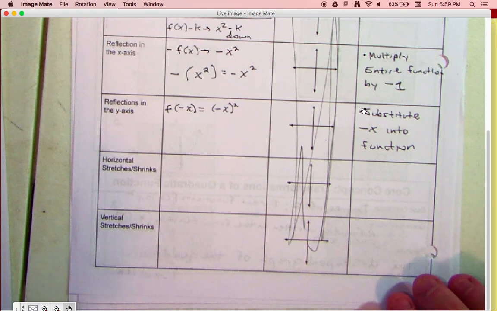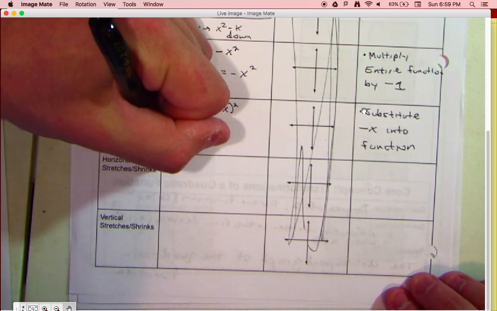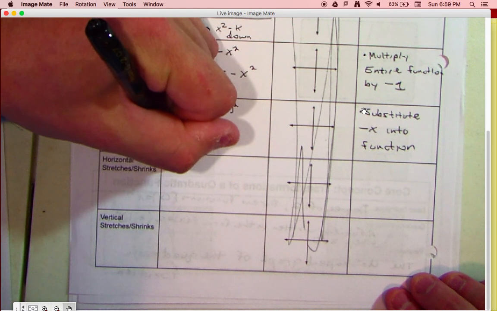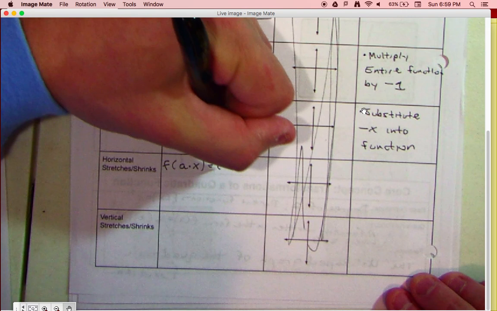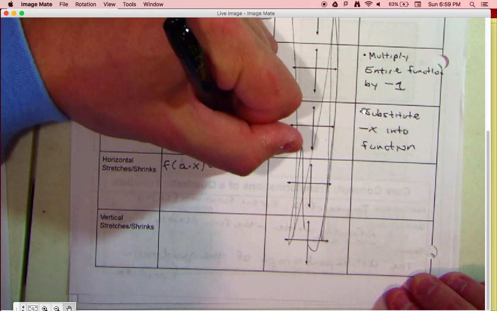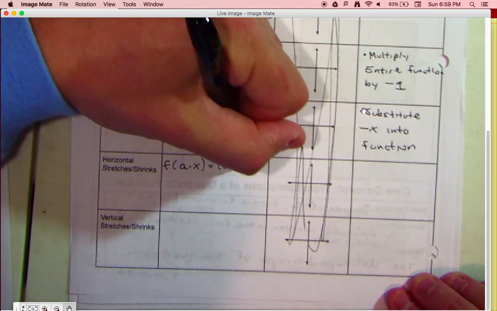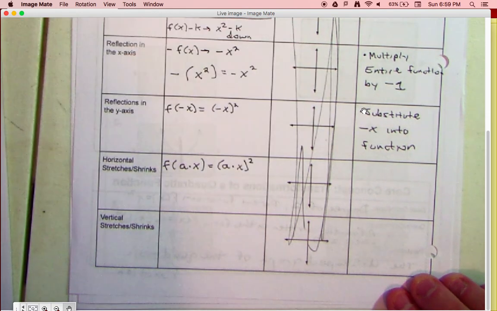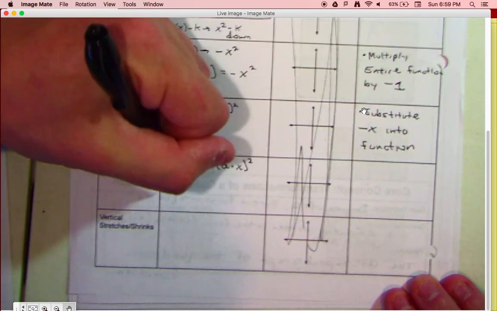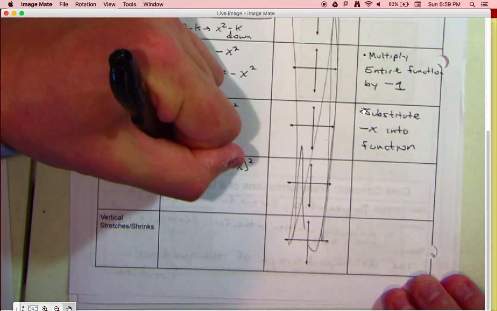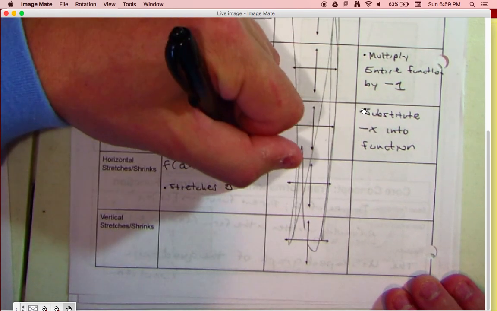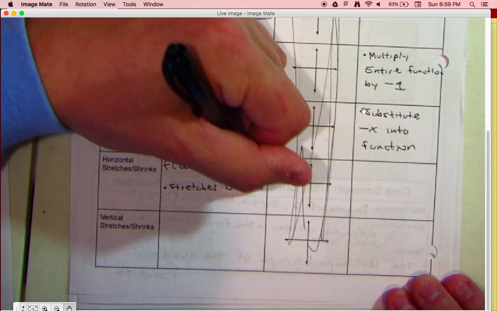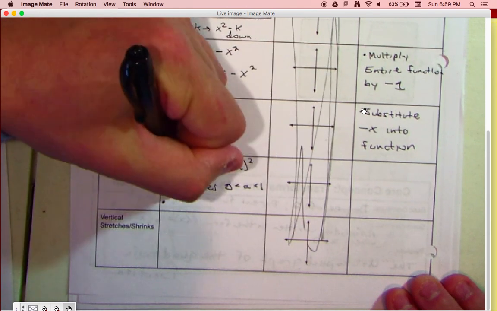Horizontal stretches and shrinks. Remember, if it's a horizontal stretch or shrink, we have f of a times x. So it's going to look like a times x, the quantity squared. So the squared goes outside. And we have stretches if a is between 0 and 1. So in other words, it's a fraction.